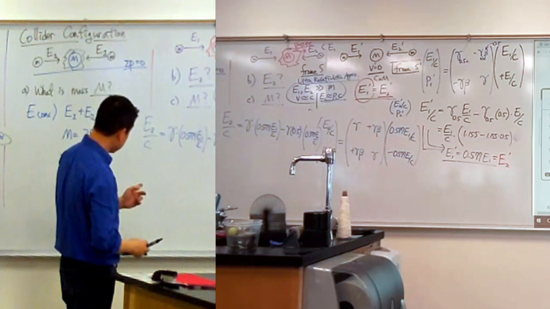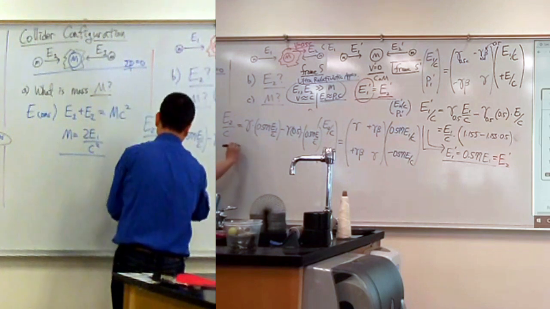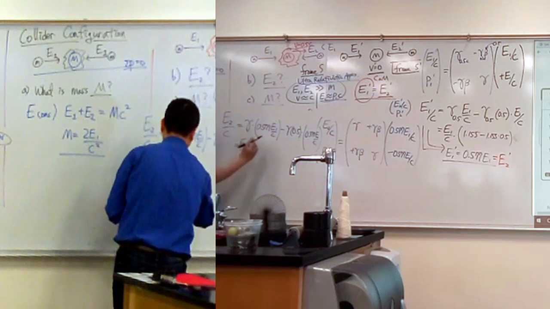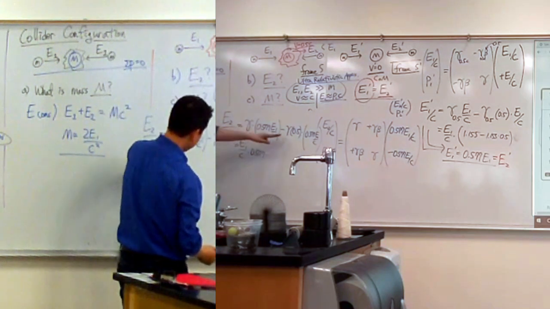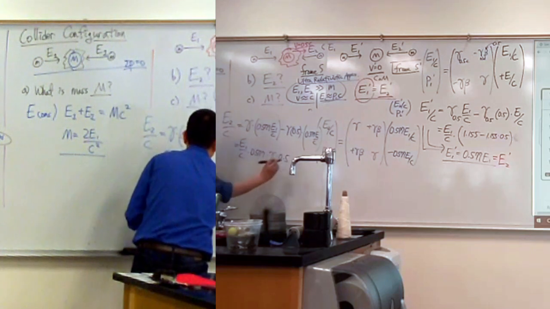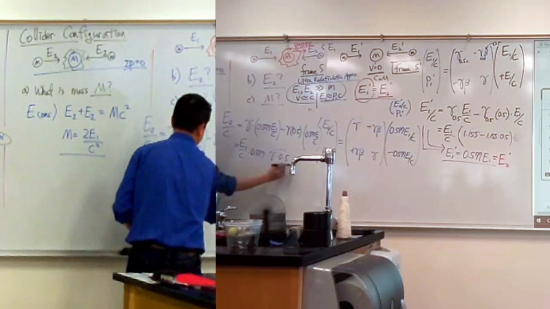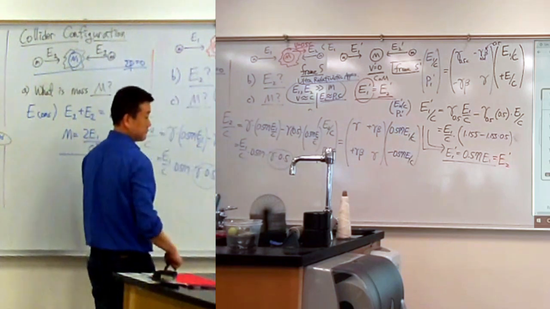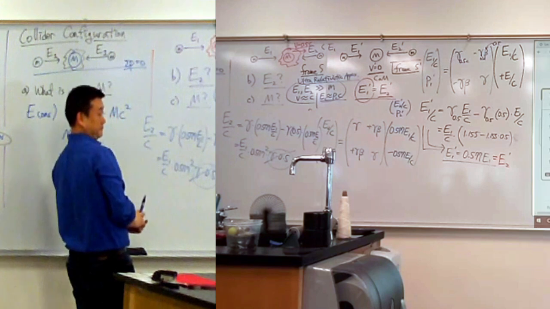So let me just factor out some things. So factor out E1 over C times 0.577, which is in every one of these, times I have gamma times 0.5. I think I worked this out before, right? Gamma times 0.5, that was this. So the result you get is you just square this.